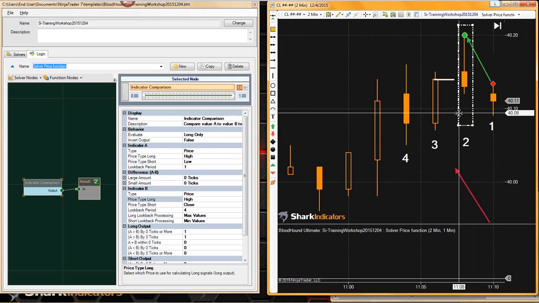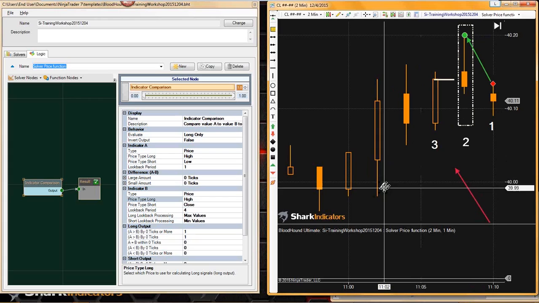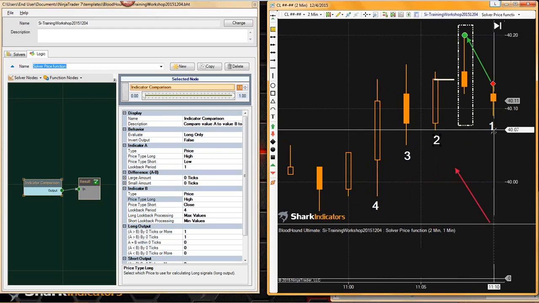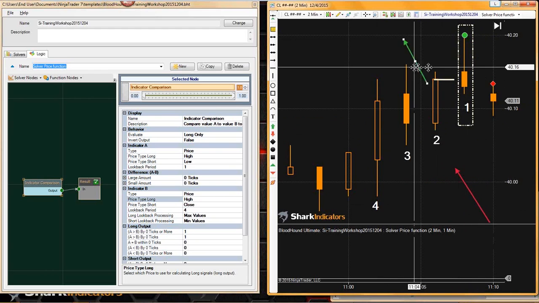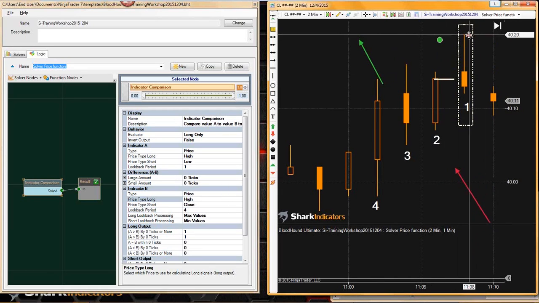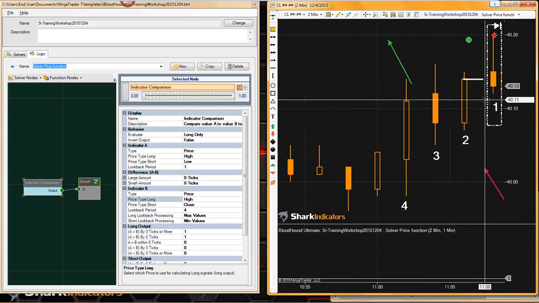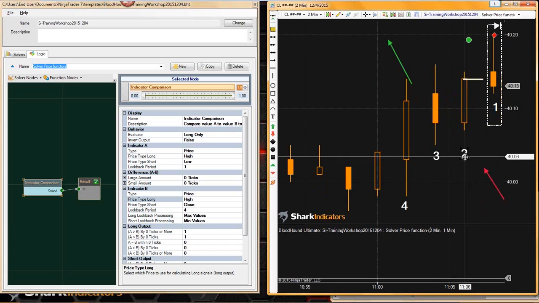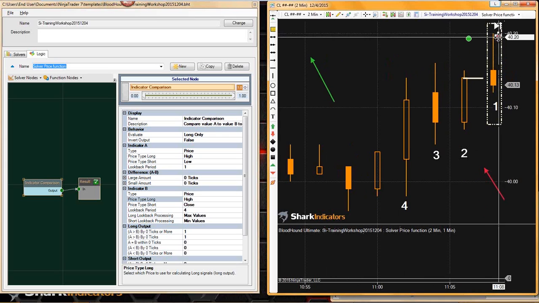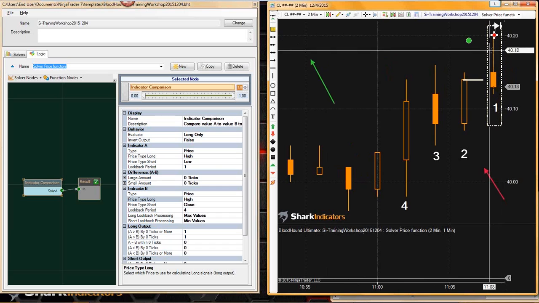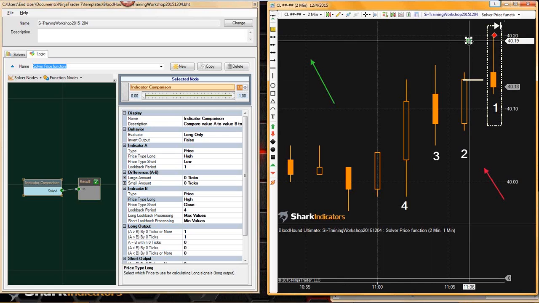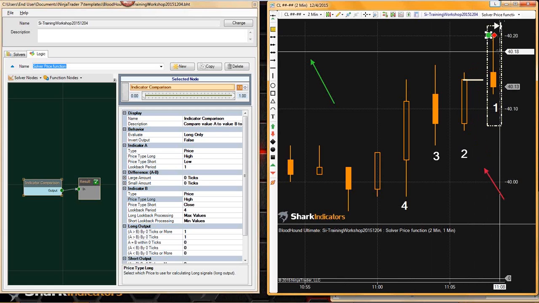But what if we go back to this bar? So let's adjust everything over here again. All right, so we've got our 4 bars. Here's the high of the current bar. And if we look back 4 bars, which is the highest bar? Well, bar number 1 is still the highest bar.